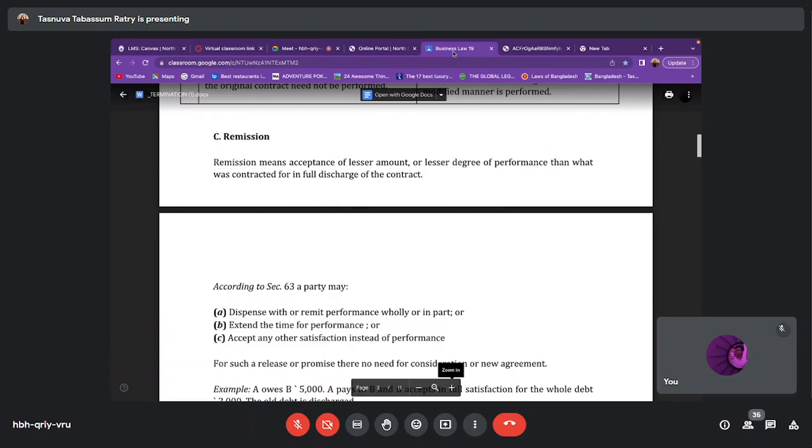That is what we call remission, which is termination by mutual agreement.